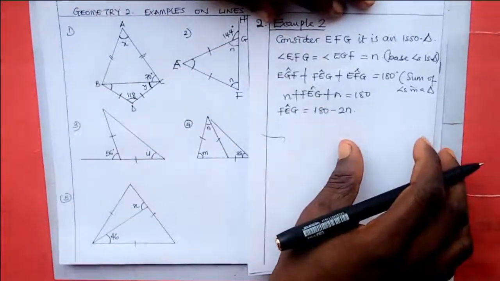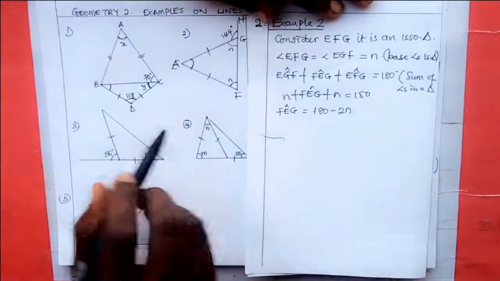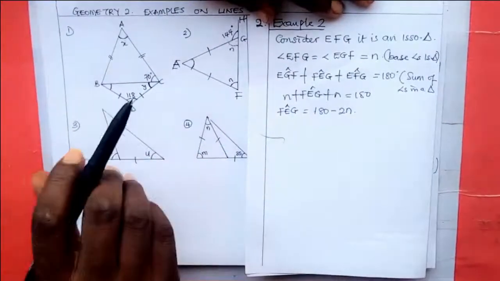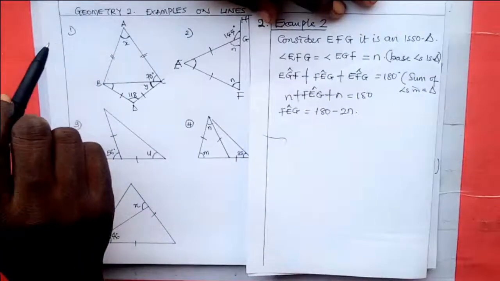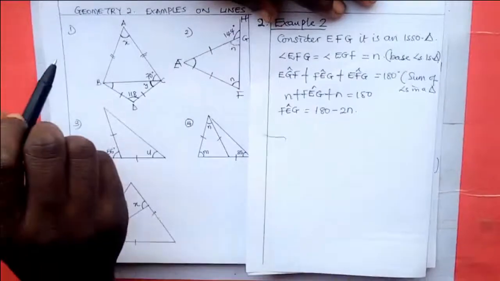Then if we go back to our first lesson, we will discover that the sum of the two opposite adjacent angles in a triangle is equal to its exterior angle.